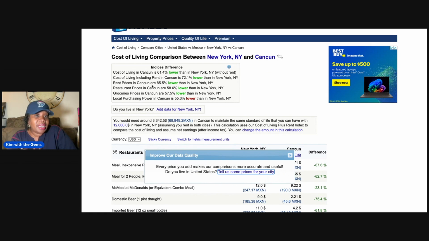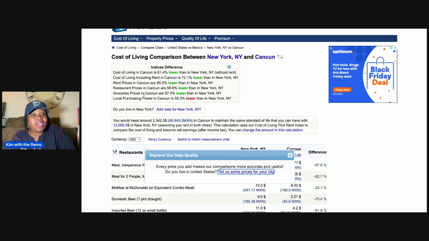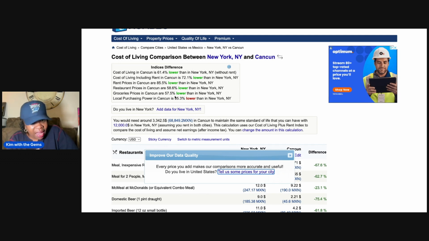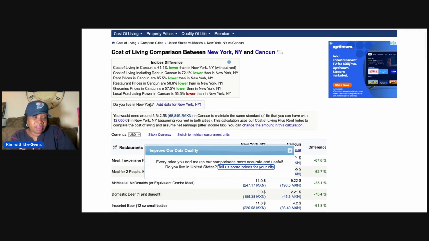Rent prices in Cancun are 85.5% lower. Restaurant prices in Cancun are 58.6% lower. Grocery prices in Cancun are 57.5% lower. And local purchasing power in Cancun is 55.3%.